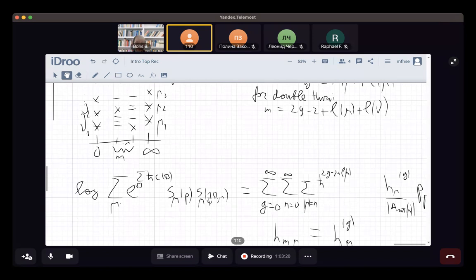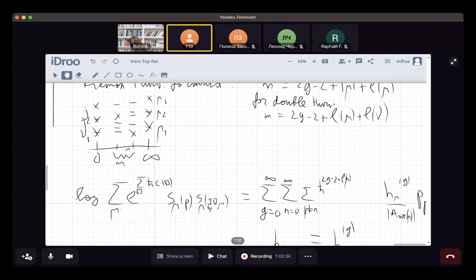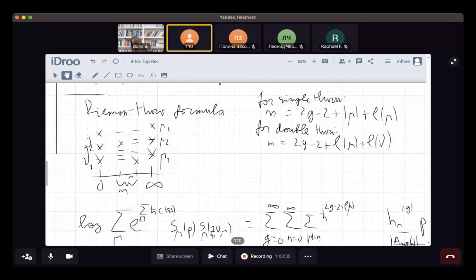We had u to the power m. Now we replace u with h bar. Now we have h bar to the power this whole thing, g minus 2 plus size of mu plus L of mu. Do you agree?